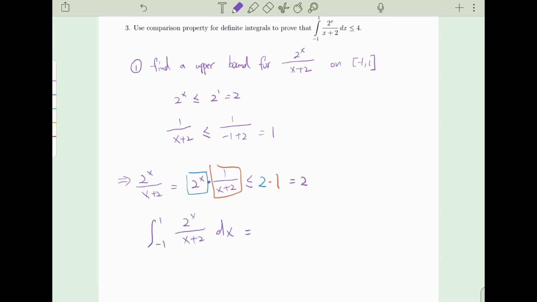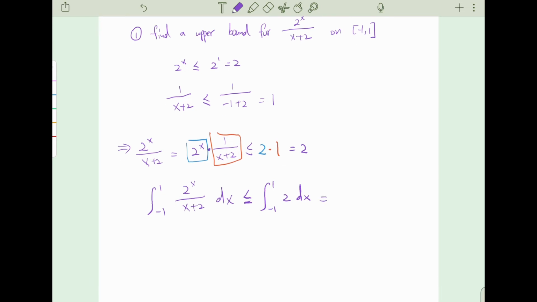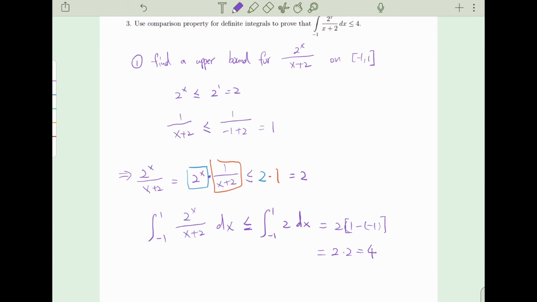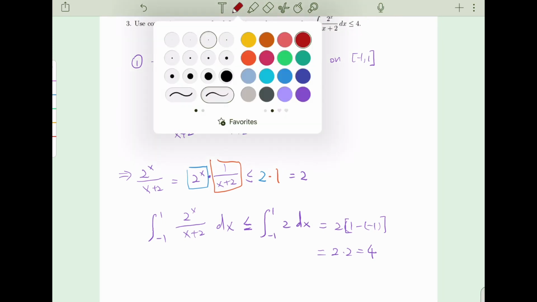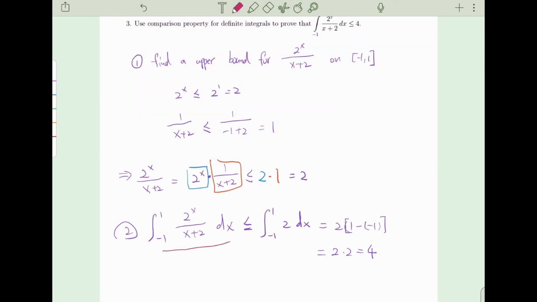And then this is going to be the integral from -1 to 1 of 2 dx, less than or equal to 2 multiplied with the length of this interval, that is 1 minus -1. So 2 times 2, that is equal to 4. Okay, so now we see that this one is less than or equal to 4.